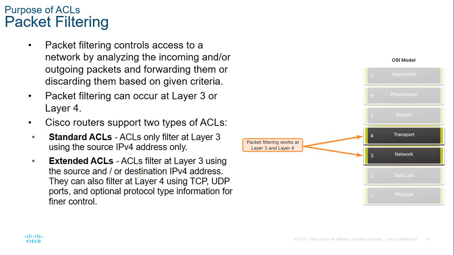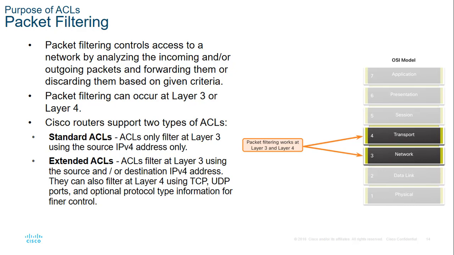If we're going to do packet filtering, packet filtering controls access to a network by analyzing the incoming and outgoing packets and then forwarding them or discarding them based on given criteria. Packet filtering can occur at layer 3 or at layer 4, so by IP address or by the protocols we're looking at. We have two types of ACLs that we want to talk about right now.